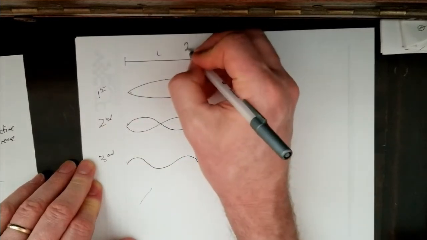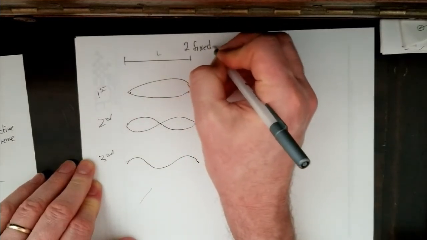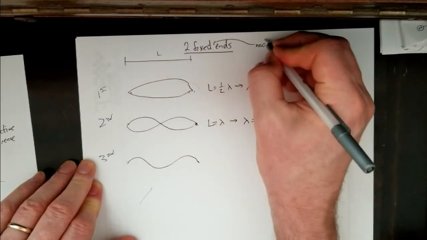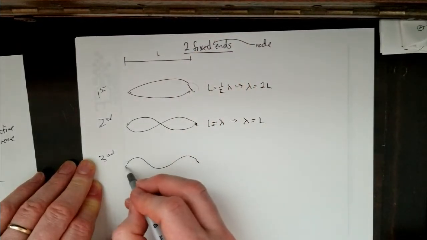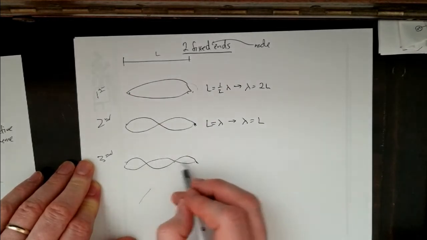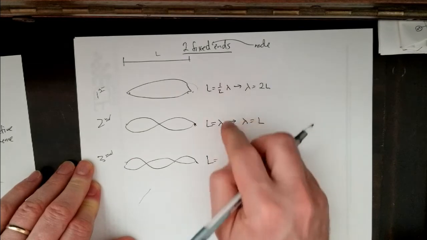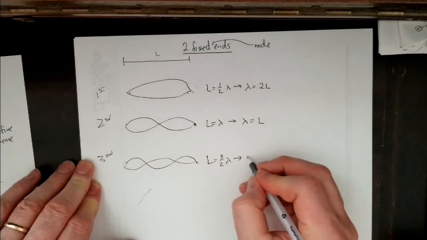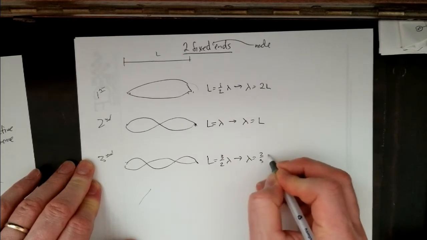These are 2 fixed ends, so fixed end, node. That is 1.5 wavelengths. Notice I'm adding a half wave every single time, and that pattern will hold. And so the wavelength is equal to 2/3 L.